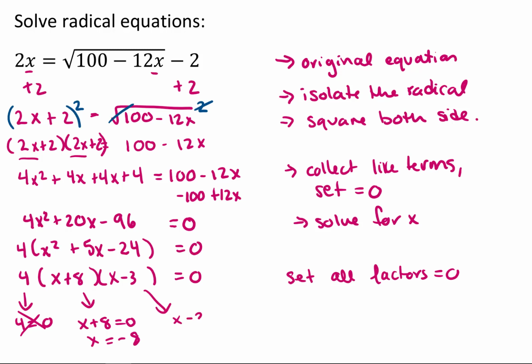And x minus 3 equals 0. So that gives us x is equal to 3. So we have 2 different answers that could possibly be x. The most important thing here is we have to check. The question is not going to tell you to check, but you have to check by substituting back into the original.